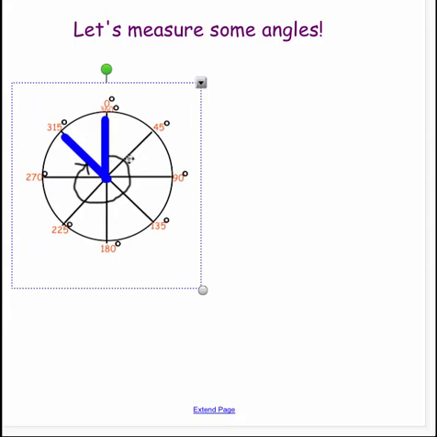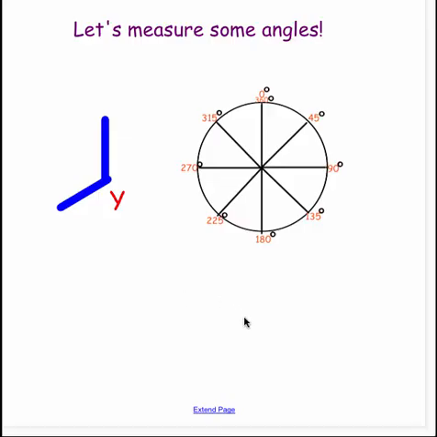I'm going to follow my arrow around and look at where the other side of the angle came out. Notice this side of the angle is lined up with 315 degrees. So this angle is a 315 degree angle.